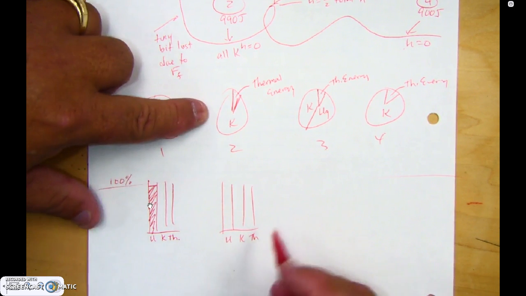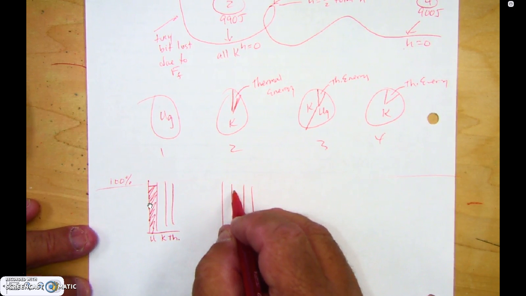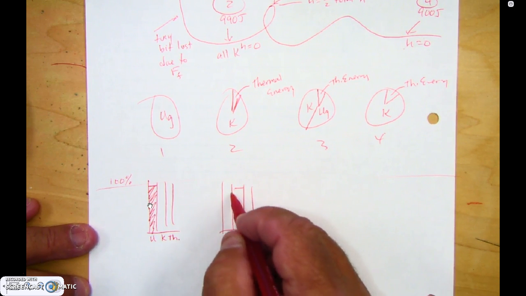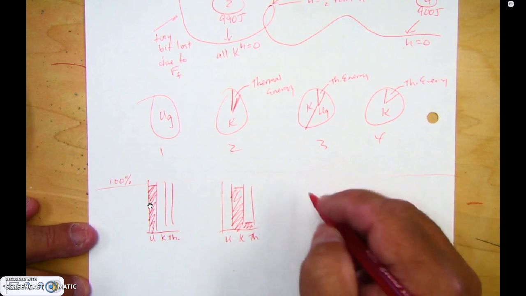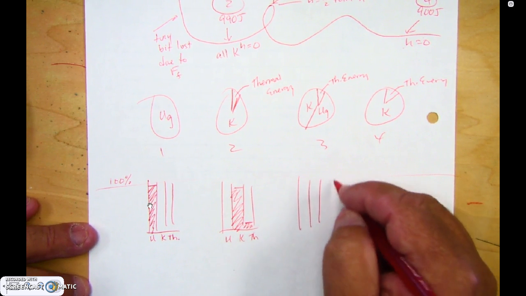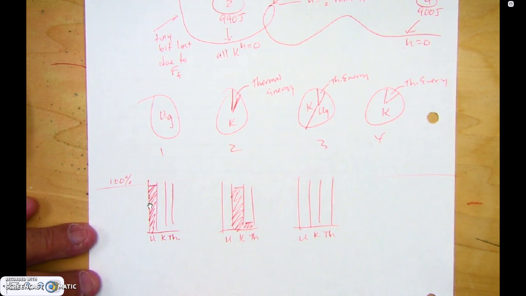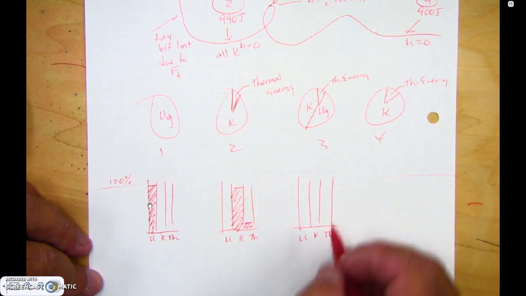Well, we know that most of it is K, but not quite all of it. There's a little bit of thermal in there. So it looks like that. And then, of course, if I had this one here, again, U, K, thermal. The graphs are kind of just a way to keep track of it a little bit.